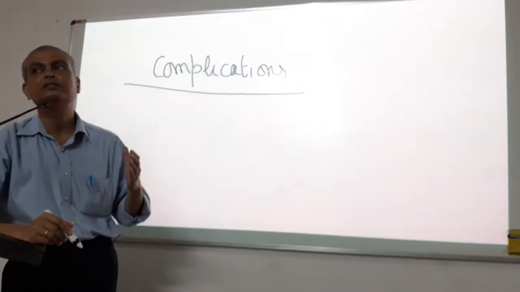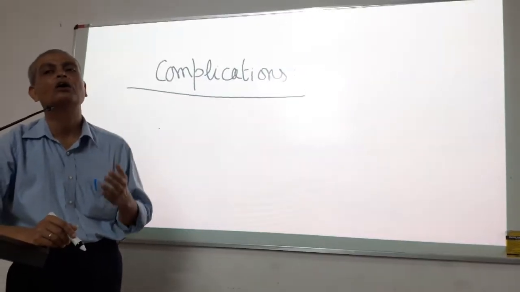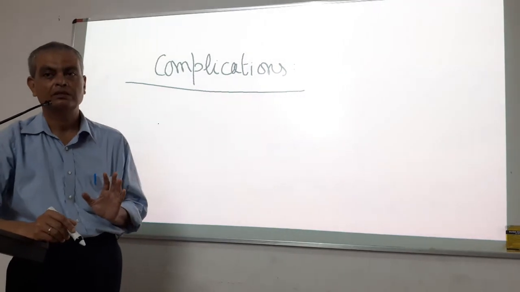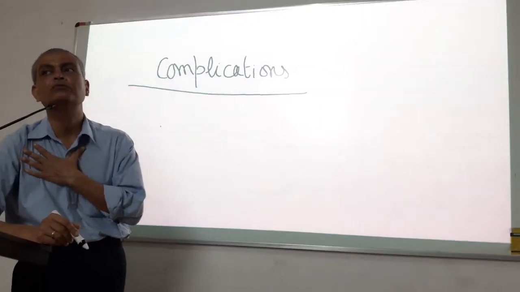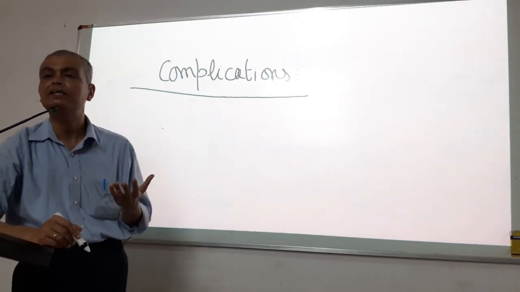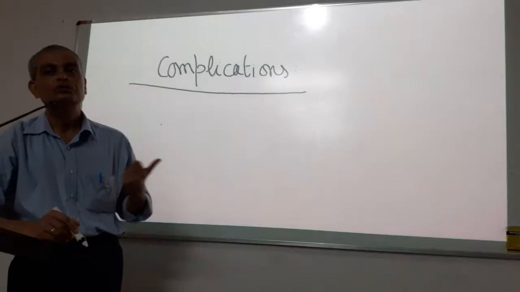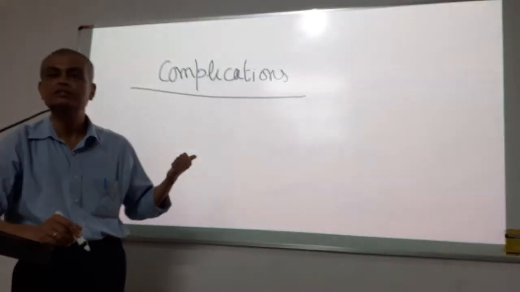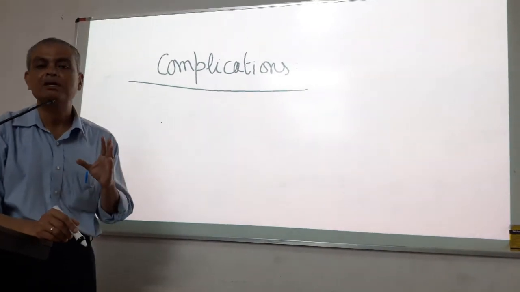Normal tuberculosis infection, usually it will give rise to fever, cough, expectoration, hemoptysis. But in some cases, it will give rise to accumulation of fluid in the pleural cavity, which is known as pleural effusion. So that is a complication of tuberculosis. So in this way, these type of problems can happen.